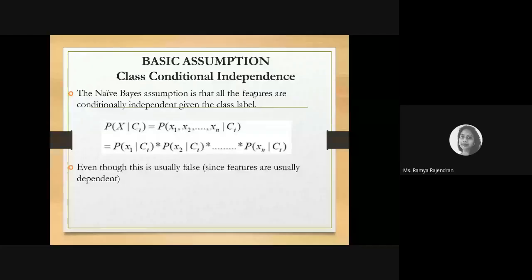For example, a person who is greater than 30 might have a chance of earning more income than a person in his 20s. Most of the time that is true, but here Bayes doesn't believe that. It thinks everything is completely independent of all these conditions, and that's why it's called Naive Bayes.